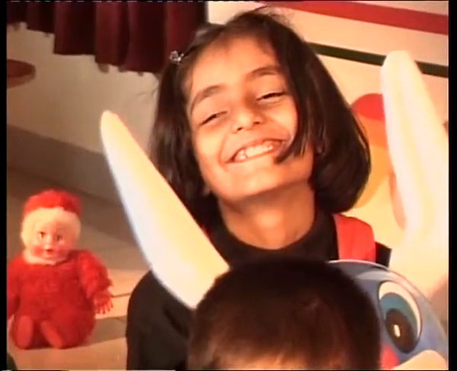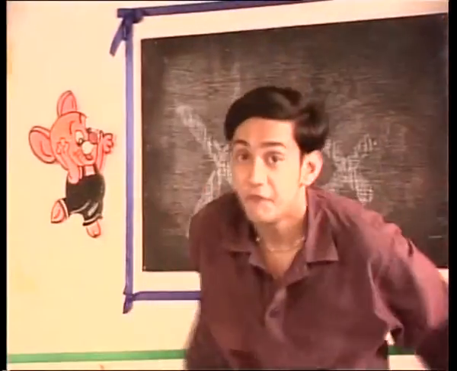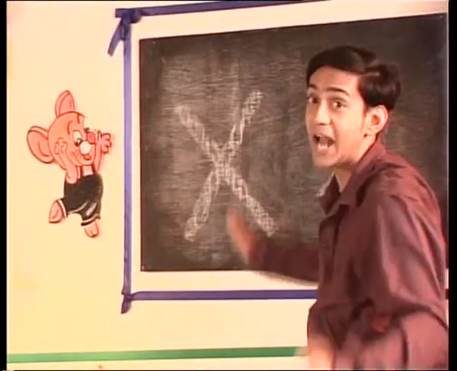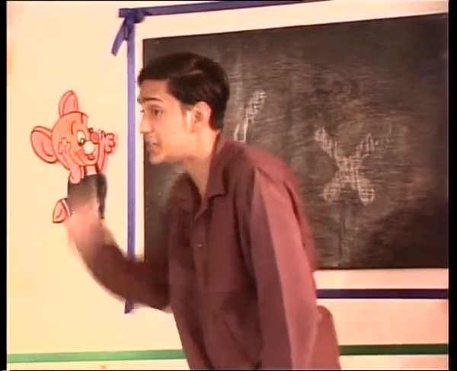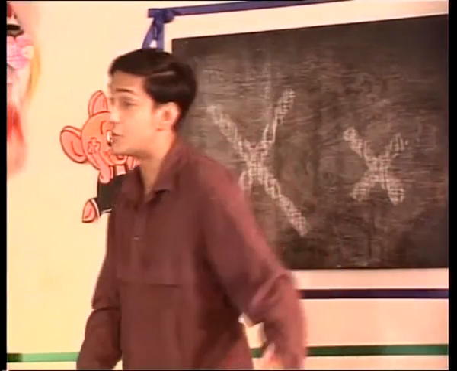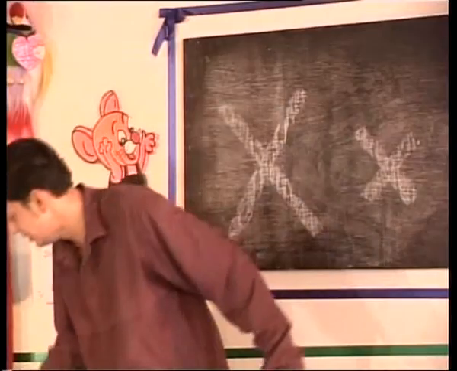So, kids, let's meet at the blackboard. So, kids, we meet again at the blackboard. And I'm going to write for you, kids, Y on the blackboard. So, watch me carefully.